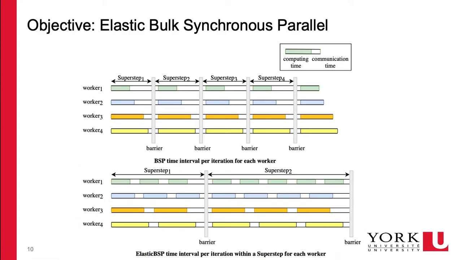So you can also consider that in each super step, the workers are running ASP, and when the barrier starts, they switch back to BSP. Our goal is to find the barrier which will yield the minimum waiting time among these workers.